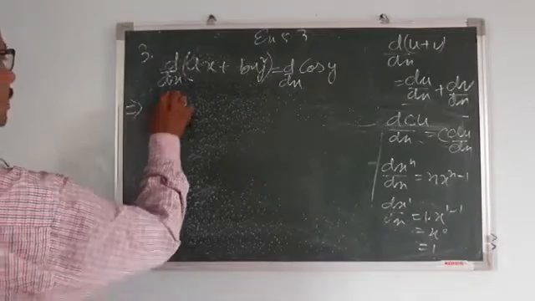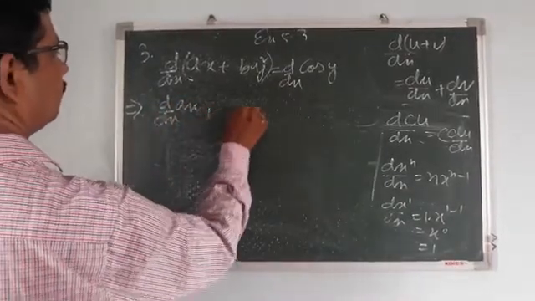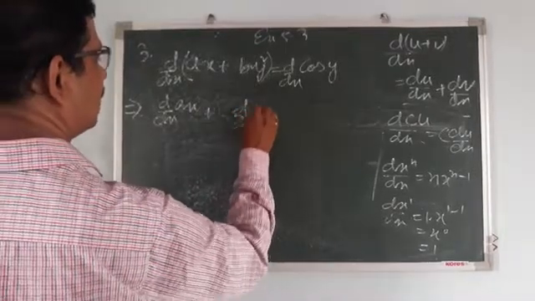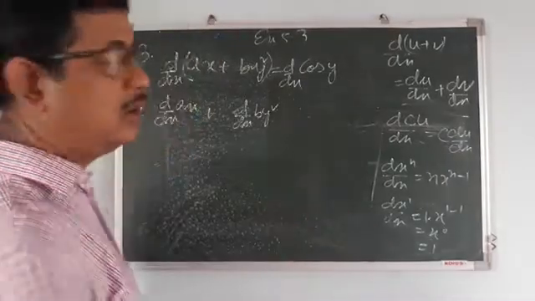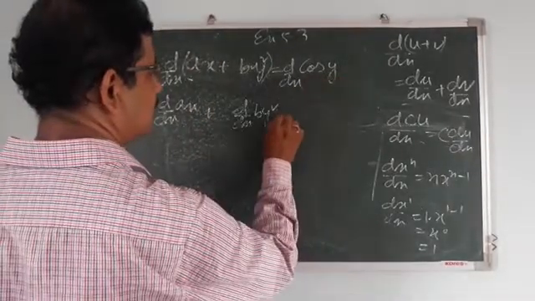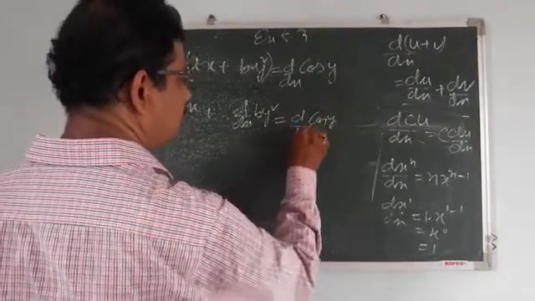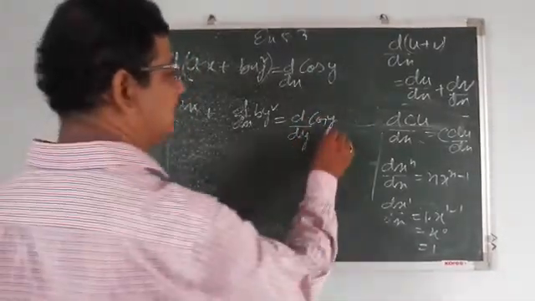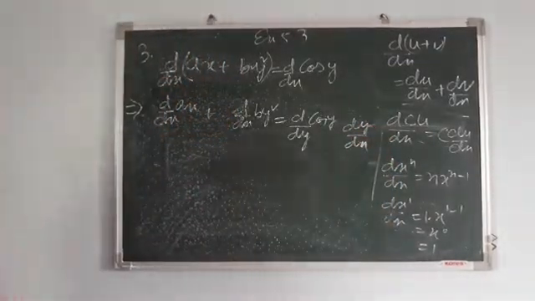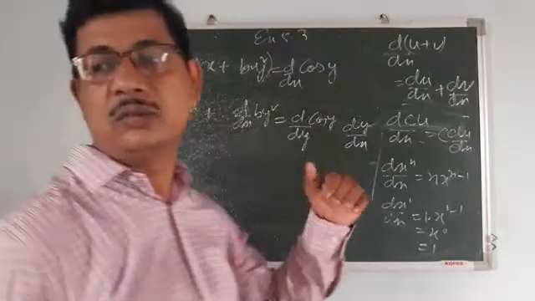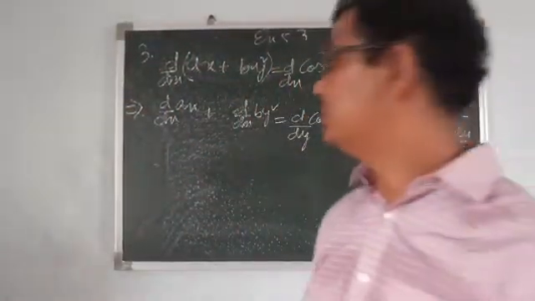So of course d/dx(ax) plus d/dx(by²). Now just like earlier one, y it was, it is y. So what we have to do? We have to give here y. Then dy/dx. Use of chain rule here we have done. And of course, without that we cannot differentiate it.